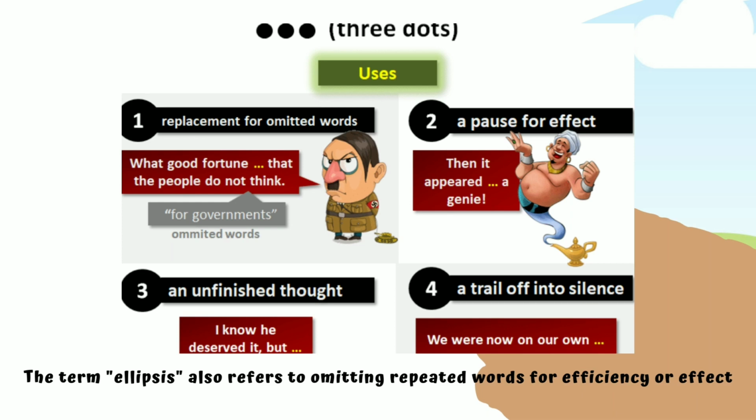An unfinished thought. Example: "I know he deserved it, but..." 4. A trail off into silence. "We were now on our own..." The term ellipsis also refers to omitting repeated words for efficiency or effect.